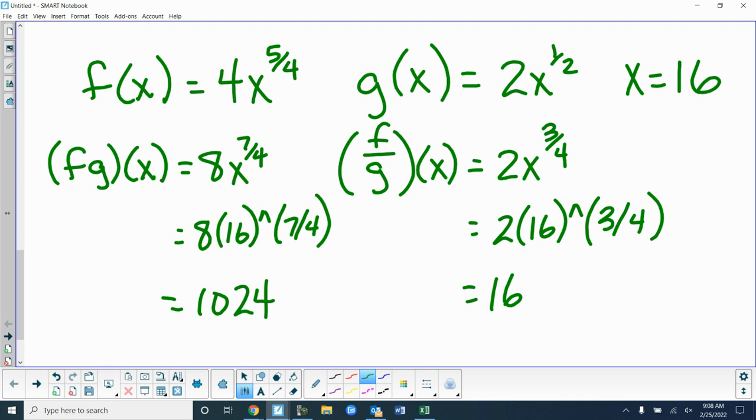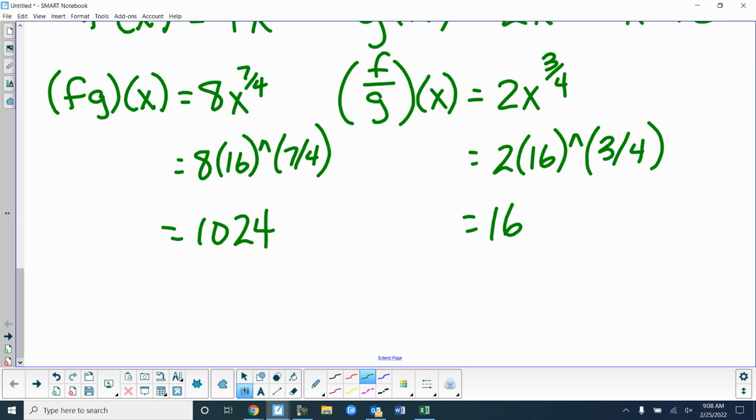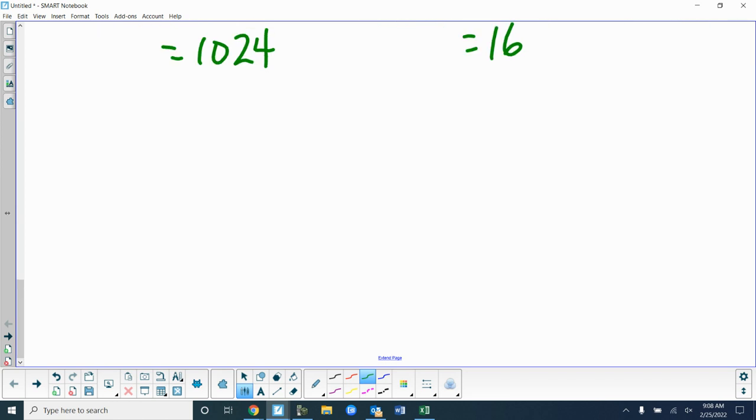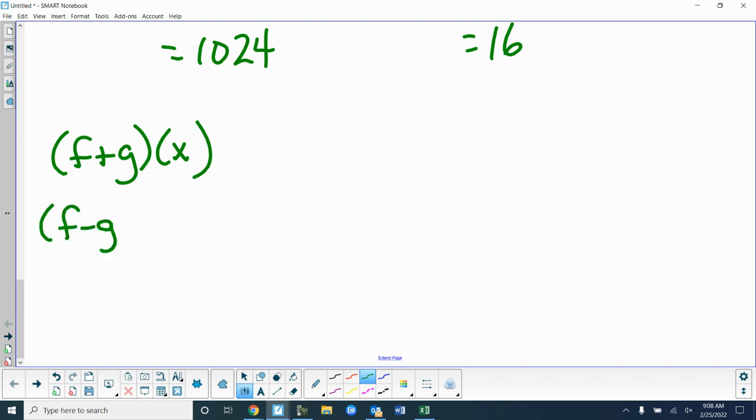Let's do one more, and then we'll be done. This time, let's do F plus G and F minus G, okay? Get off your DS. All right, so F is 3x cubed minus 2x squared plus 5.